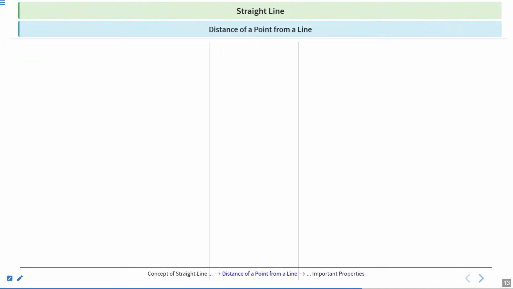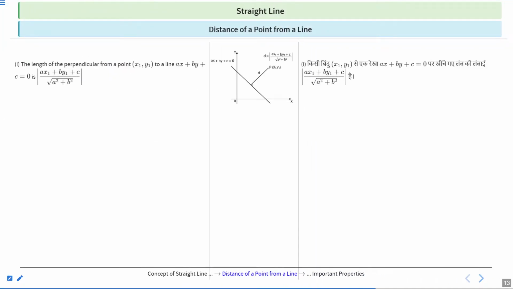Okay. Now, the distance of a point from a line. In this diagram, we are given a line and a point P with coordinates x1 and y1. We have to find the distance of the point P from the line ax plus by plus c equal to 0. The length of the perpendicular is the actual distance.